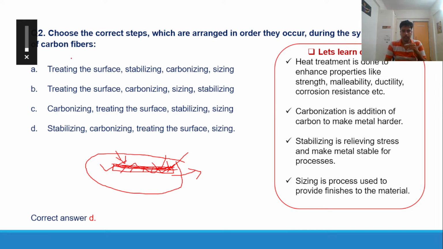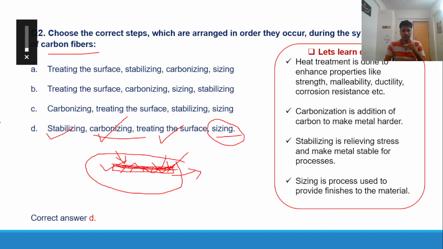So if we see, first we have to stabilize. If we select any material for the synthesis of carbon fibers, it has to be stabilized, relieved from stresses. Then the surface has to be hardened because it has to be used for wind turbines. Then heat treatment is given, treating the surface so that some special properties can be enhanced, and then sizing is done.